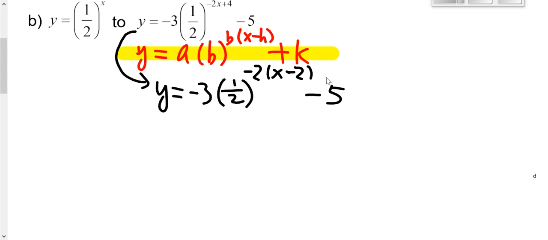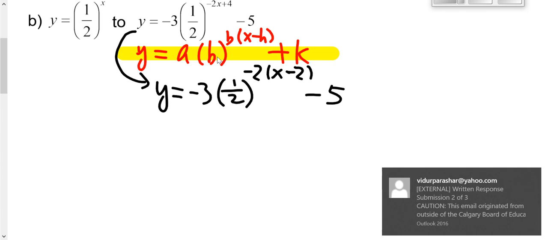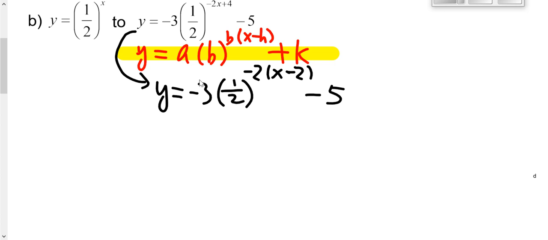As you can see, we have factored out the negative 2, so now I have x to be 1, and your horizontal translation is more obvious. I'm sure you can all figure out that b is negative 2 in this case.